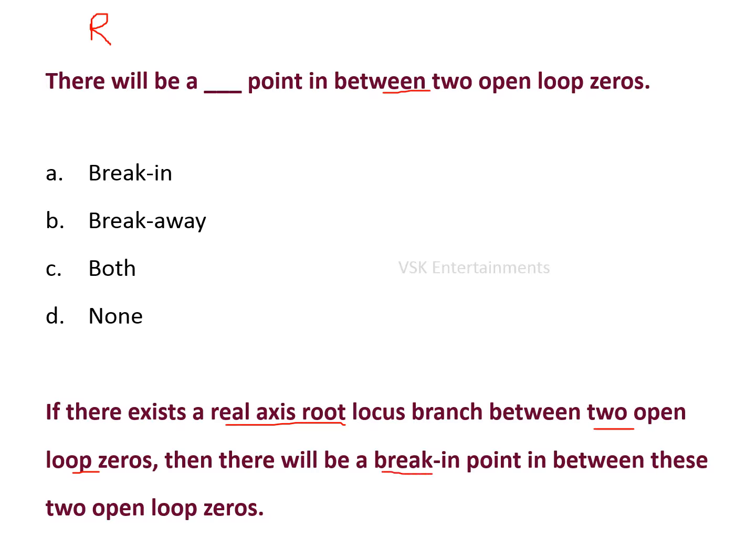Similarly, if there is a real axis root locus branch in between two open loop poles, then we get the concept of the breakaway point. In between two zeros we get the break-in point, in between two poles we get the breakaway point. So in this bit, in between two open loop zeros, we get the break-in point. So option A is the right answer.